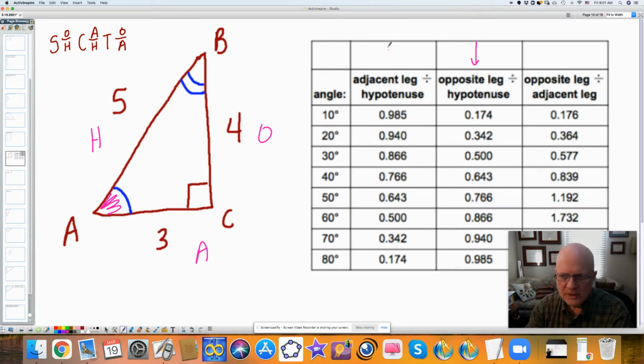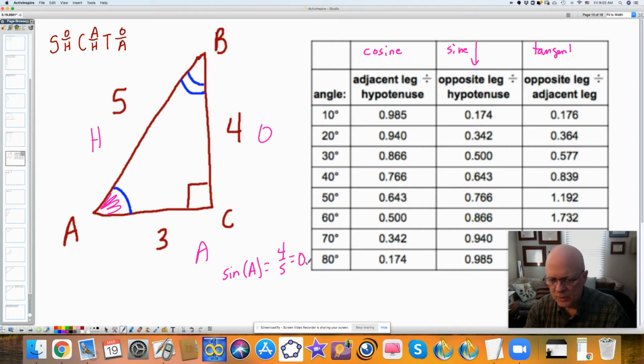This is the cosine, adjacent over the hypotenuse. This is the sine, and this would be the tangent. So the sine of angle A would be equal to the ratio of 4 over 5. And as a decimal, that's 0.8.